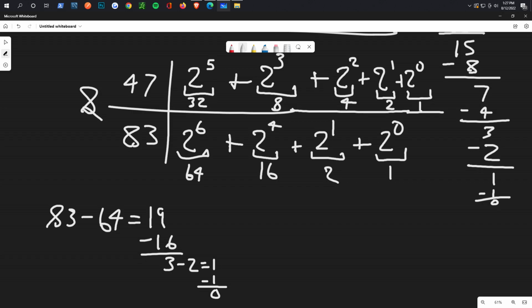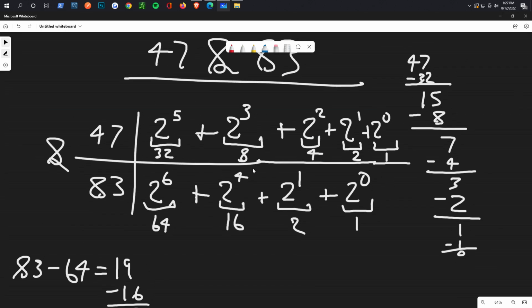So now at this stage, since we're doing AND, let's see which ones we have in common right here. We don't have 2 to the 5 in both. We don't have 2 to the 6 in both. Nor do we have 2 to the 4 or 2 to the 3 in both. Or 2 to the 2. So what we do have in both is just these two.